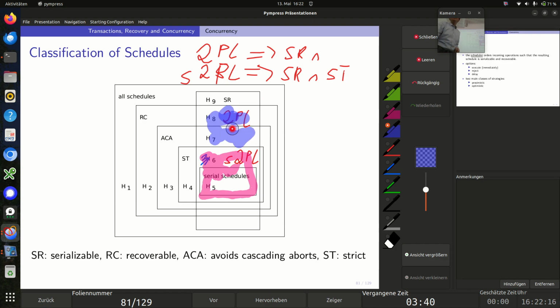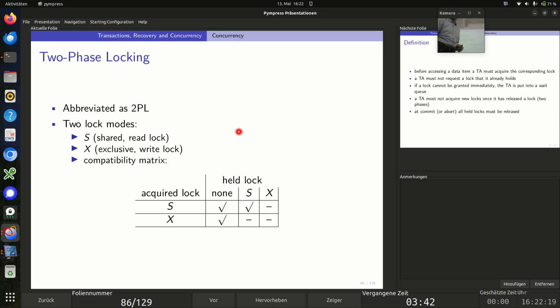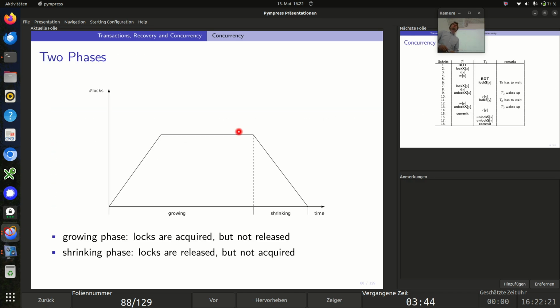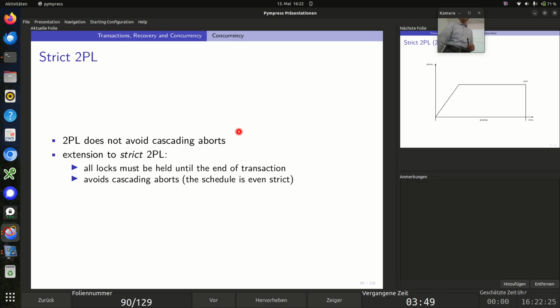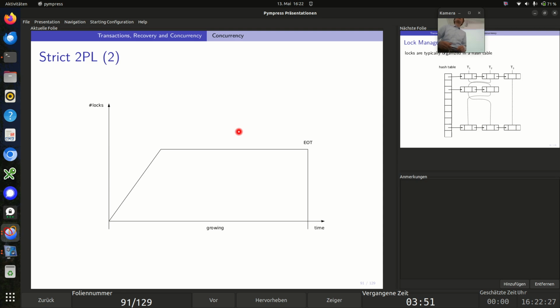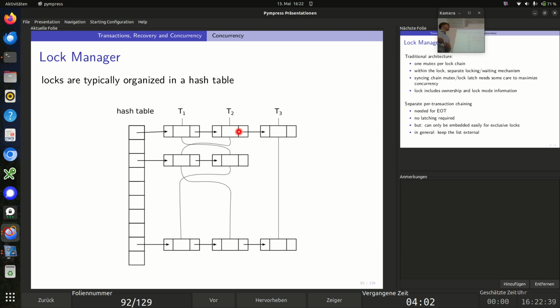Okay, so we ended up with that, and the idea is, for having two-phase locking, what do we need? We need locks. And now the question is, what happens if there's more than one transaction who wants to claim a lock? There are some slides on the hardware side, on how the locks are implemented. We have a big hash table, and every transaction has a lock.